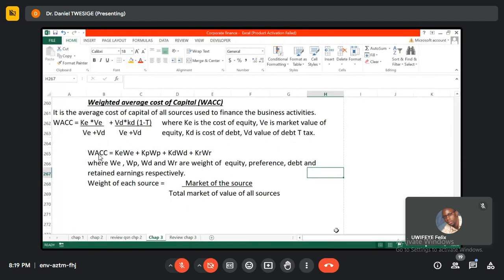So that is how we compute the cost of each source of finance. I don't know if you have a question on that. Sir, how can someone come to understand which type of formula to use?